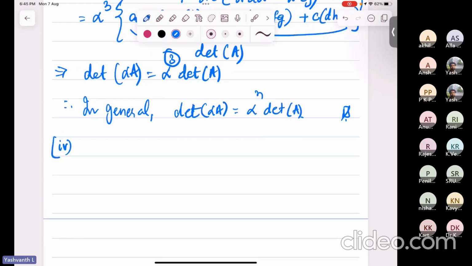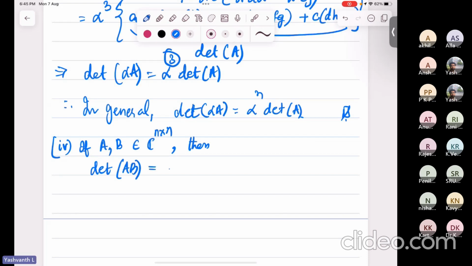The fourth property is, if A and B are two n by n square matrices, then the determinant of AB, that is, you take the product of A and B and then compute the determinant, is the same as determinant of A into determinant of B. That is, you separately compute the determinant of A and B and then multiply them. This is the same as determinant of BA. Okay, it's a very extraordinary property which you can use everywhere.